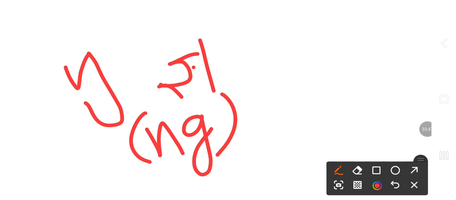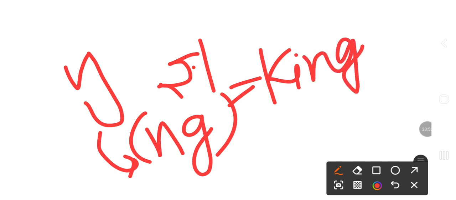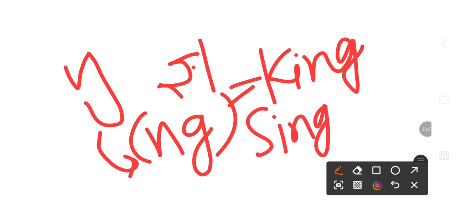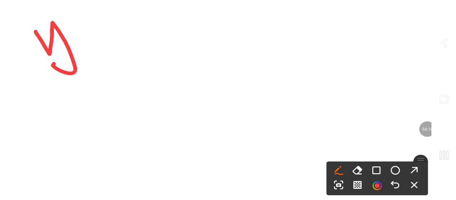This is the sound of the combination ng. Example: king, sing, thinking. I'm writing all these words. See, this is the combination of ng.